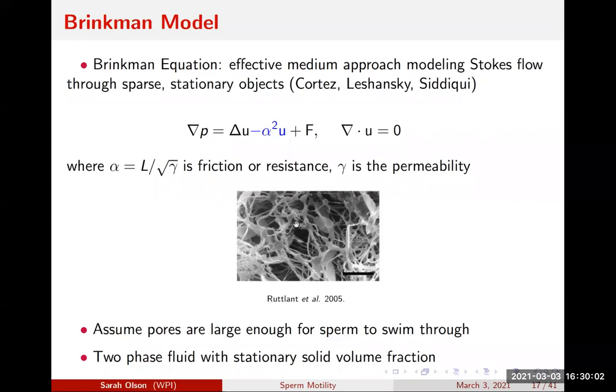And even though I show this beautiful picture here of a very dense network, this equation is really representing a very sparse network of proteins.